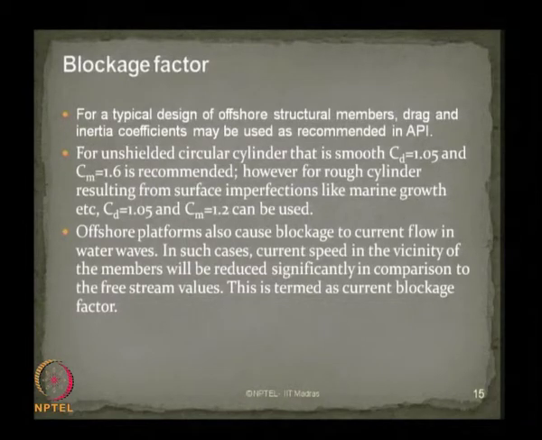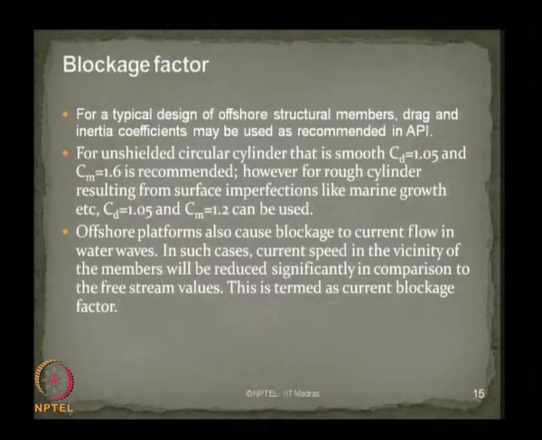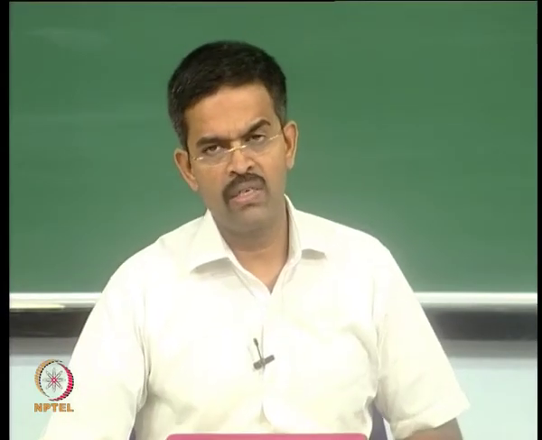Alternatively, offshore platforms also cause blockage to current flow in water waves, because they obstruct the flow of water from one direction to the other. This creates an additional effect on the members which is otherwise called the blockage factor.